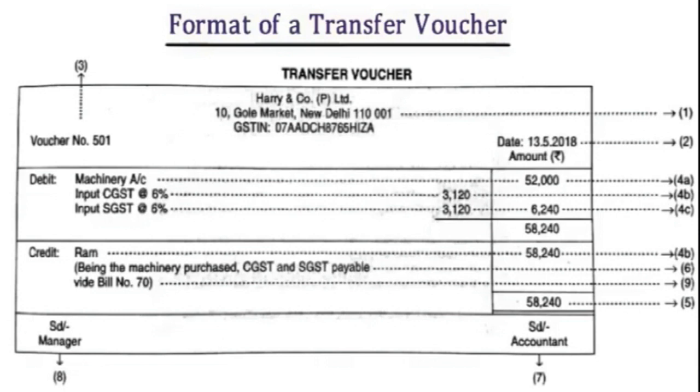The ninth and the last number is the supporting voucher number, or you can say the supporting source document number. So the 9 pieces of information are given in the transfer voucher when you prepare it. And the transfer voucher is also known as the non-cash voucher.